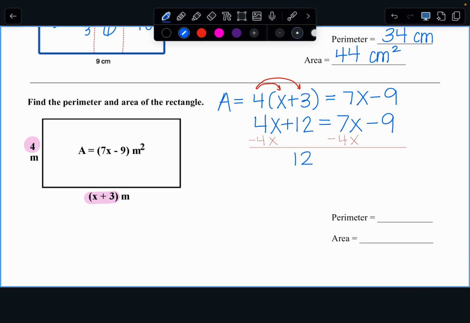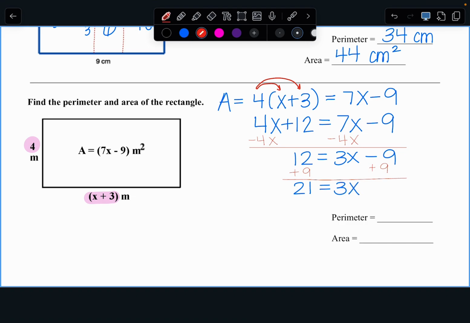We get 12 equals 3x minus 9. Now we want to get rid of the regular numbers, so add 9. We have 21 equals 3x.